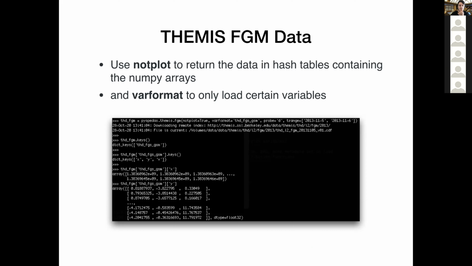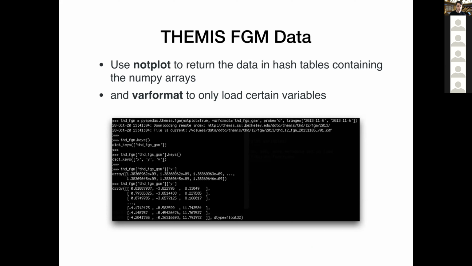When you set the notplot keyword to true, it returns a hash table of hash tables. The first hash table has the keys, or the variable names, mapped to another hash table with the x, y, and v. I think v in this case is just 1, 2, and 3.